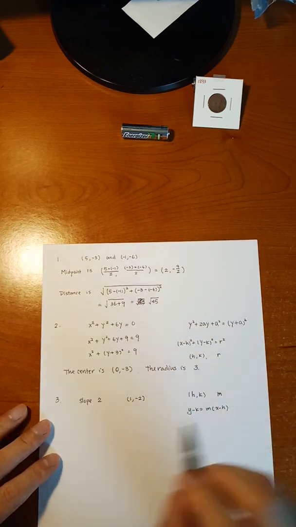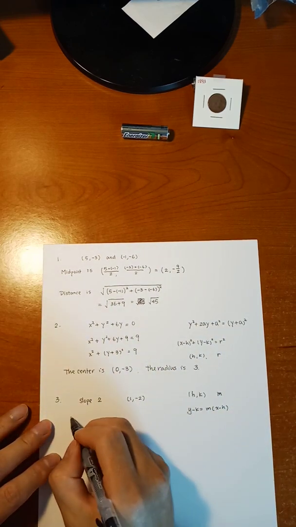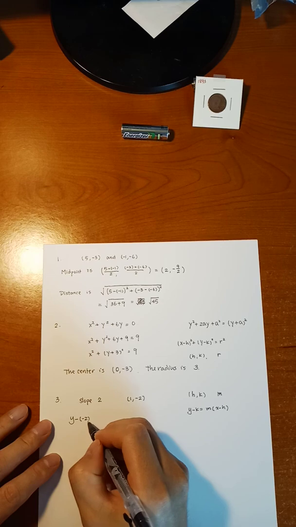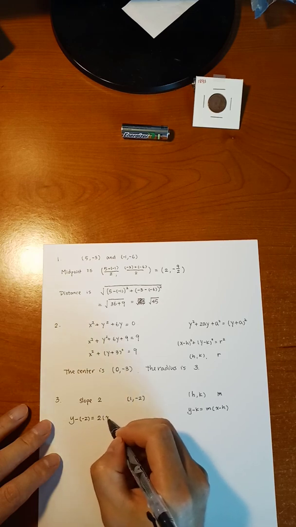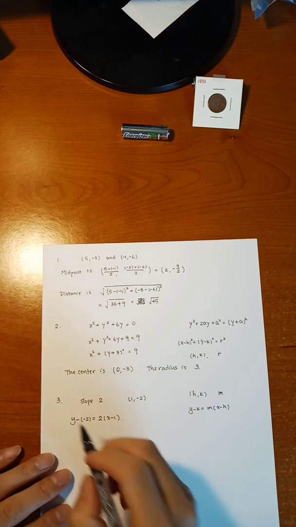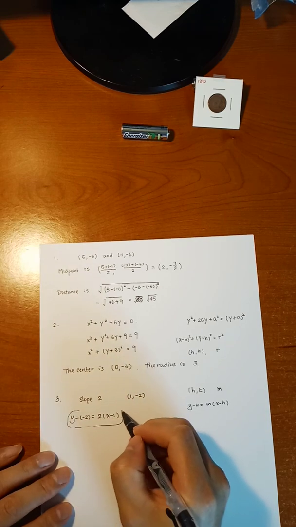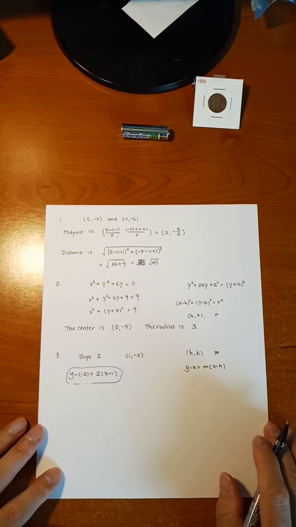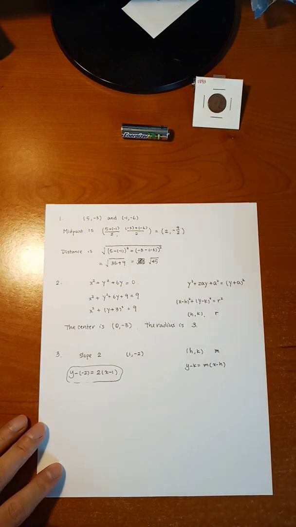This is a formula. So the equation becomes y minus -2 is equal to 2 times x minus 1. This is it. Don't simplify it. It's called the point-slope formula.